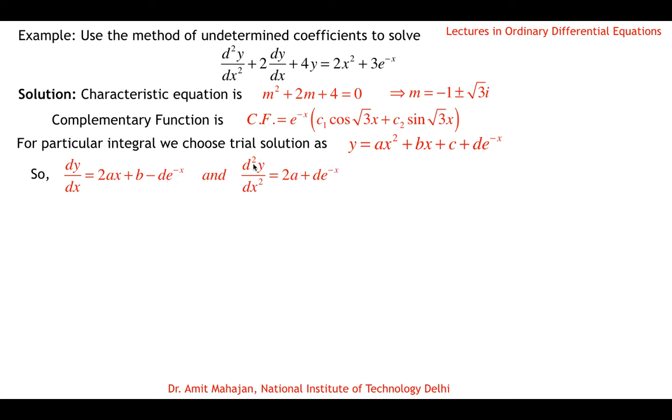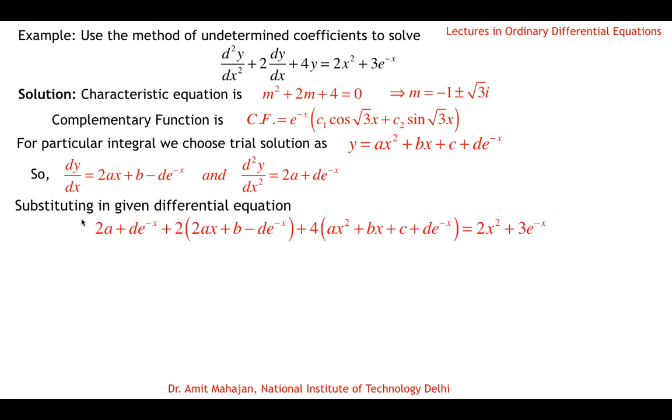Now we can substitute all these three on the left hand side. The right hand side remains as it is, and then we can compare and calculate a, b, c, and d. Substituting in the original differential equation, the left hand side is the second derivative plus 2 times the first derivative plus 4 times y, and the right hand side is 2x^2 + 3e^(-x).